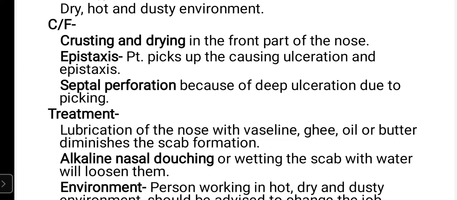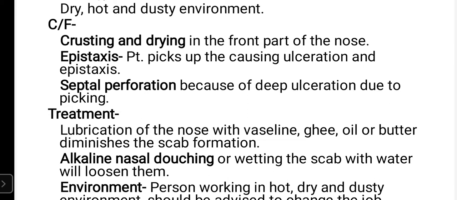It is cleaning of the nasal cavity with the help of some ingredients. Those three ingredients are mixed in warm water and injected into the nasal cavity with the help of a syringe, and then the nasal cavity is clean.